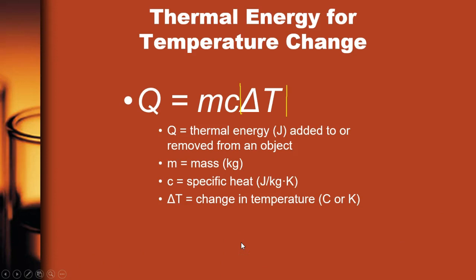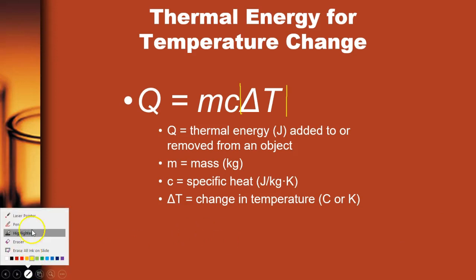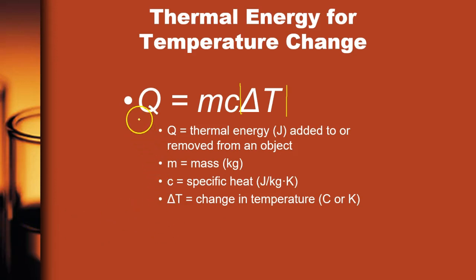Before I go on to talking about what specific heat is, I just want you to notice that the amount of Q, the amount of heat energy required to raise, let's just say raise for right now, the temperature of an object, is dependent on three things. And it's these three things that are in the equation. First of all, the heat required to raise the temperature is determined by mass.